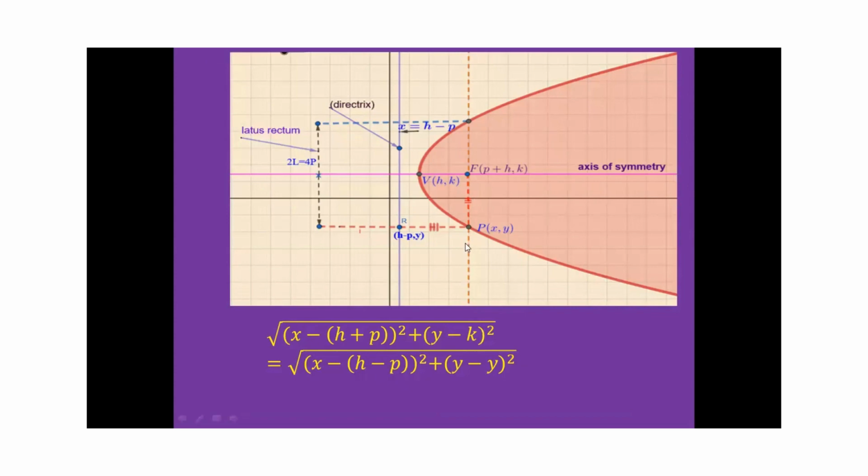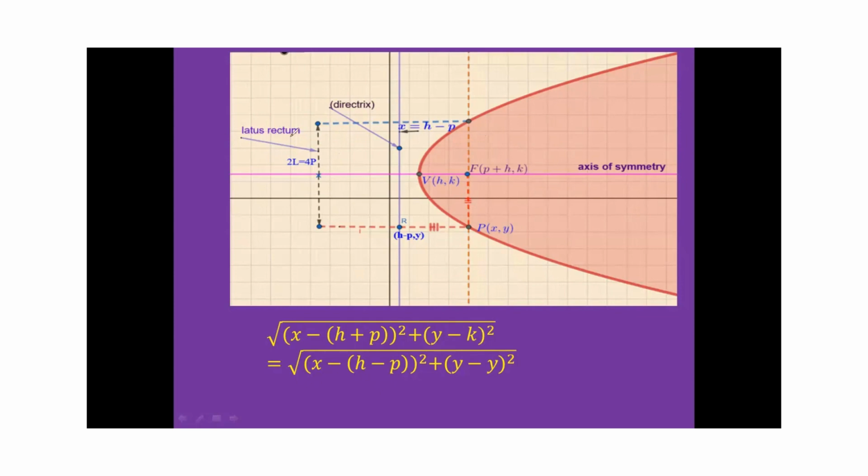Here is a parabola that opens to the right. The distance passing through the focus of a point, perpendicular to the axis of symmetry, is called the latus rectum.